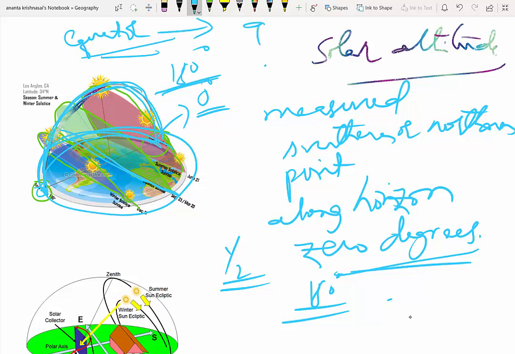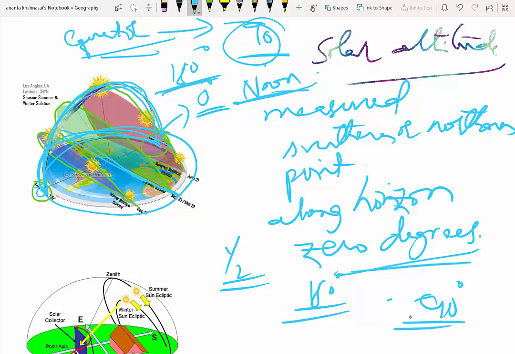That means at this particular point, or any point that you are considering on equator, sun is clearly 90 degrees overhead at what? Noon. That means maximum solar altitude that is possible to occur is 90 degrees, and this occurs on what? This occurs on the day of equinoxes, particularly on equator.